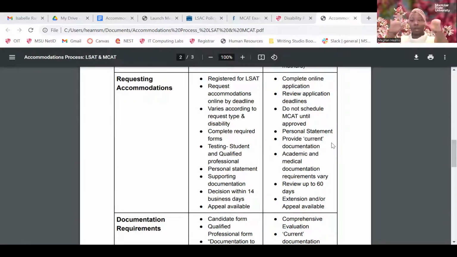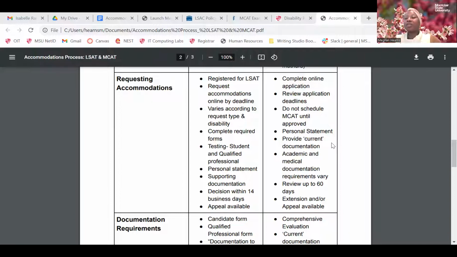It's a whole process. Trust me, it's a lot. But there's 15 days after you're approved that you can go in and schedule. So you just want to make sure that you're adhering to those deadlines, because that is also a main reason why requests are denied for the MCAT.